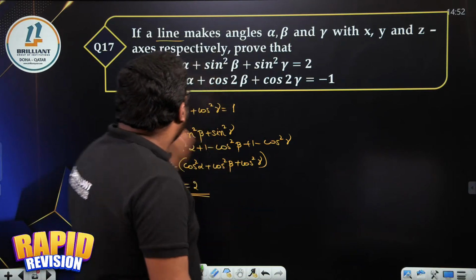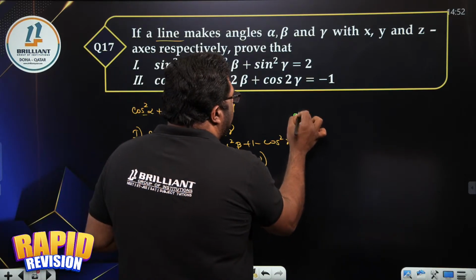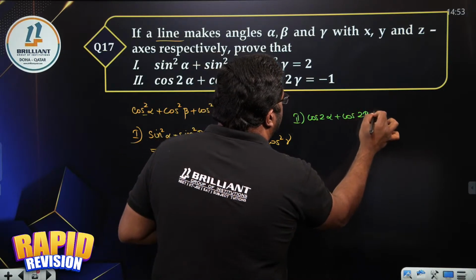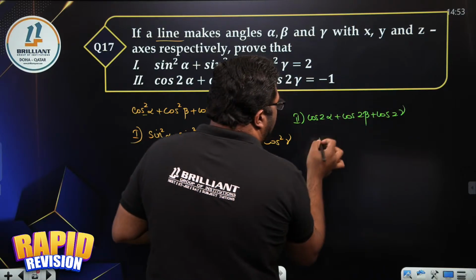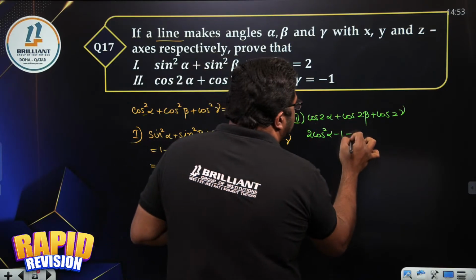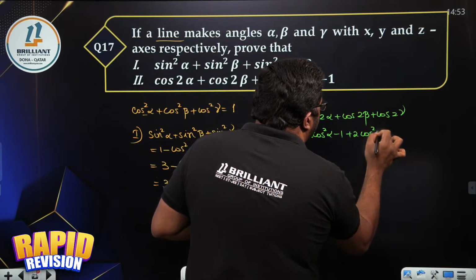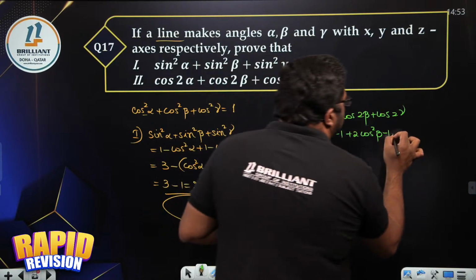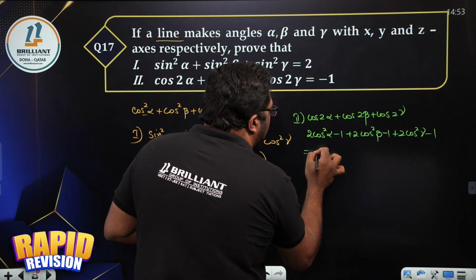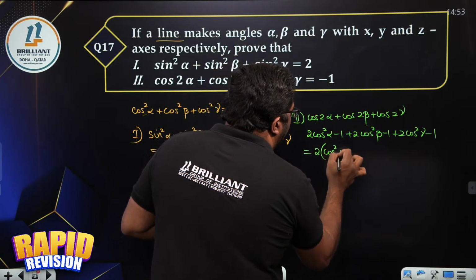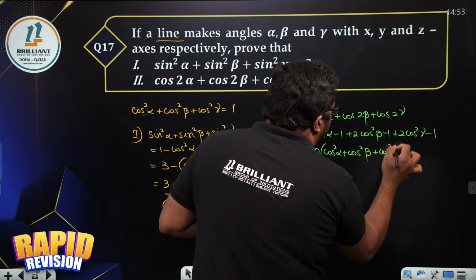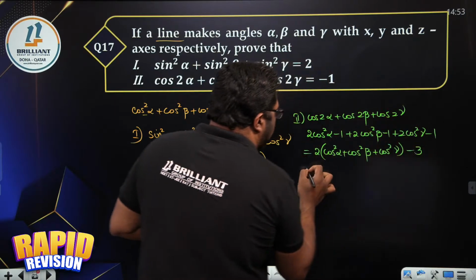Okay. Next part, cos 2 alpha plus cos 2 beta plus cos 2 gamma, which is 2 cos squared alpha minus 1, 2 cos squared beta minus 1, 2 cos squared gamma minus 1. 2 into cos squared alpha, cos squared beta, cos squared gamma minus 3.